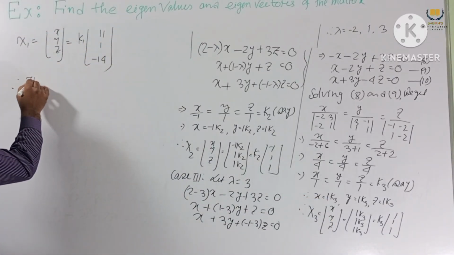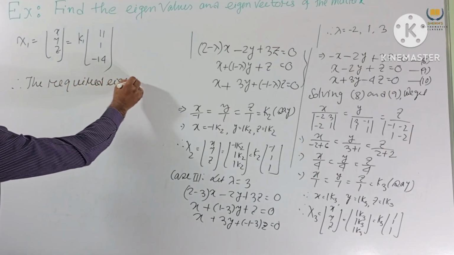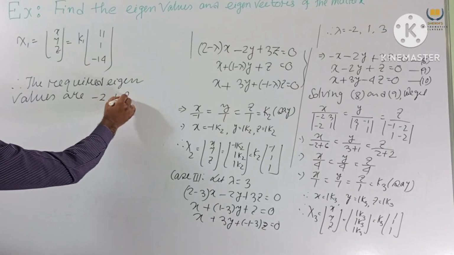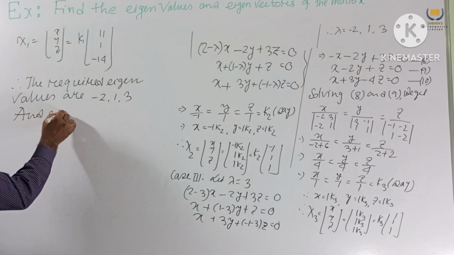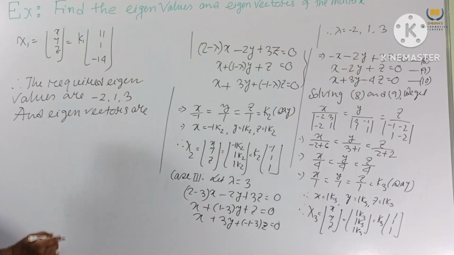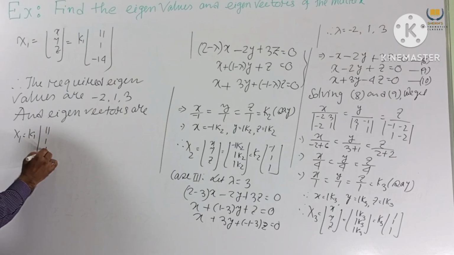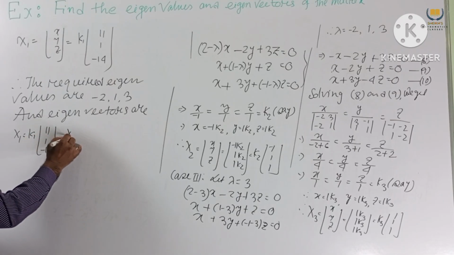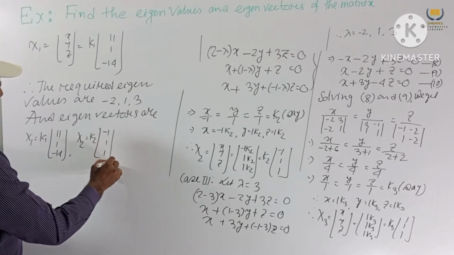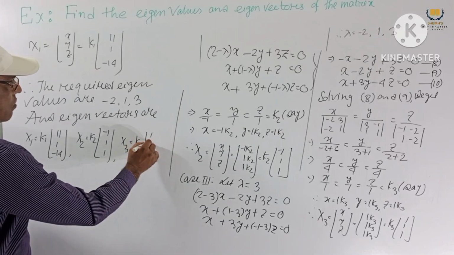Therefore the required eigenvalues are minus 2, 1, 3, and eigenvectors are x1 equal to k1 times (11, 1, minus 14), x2 equal to k2 times (minus 1, 1, 1), and x3 equal to k3 times (1, 1, 1).